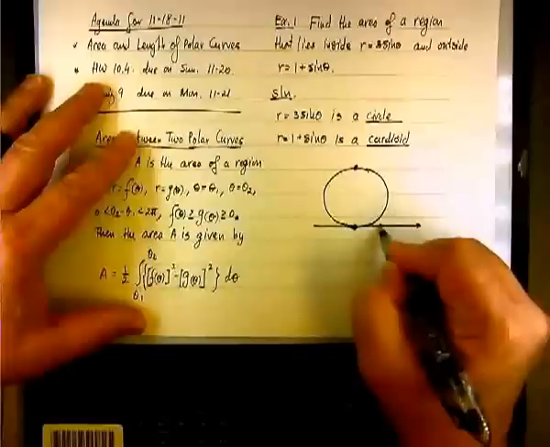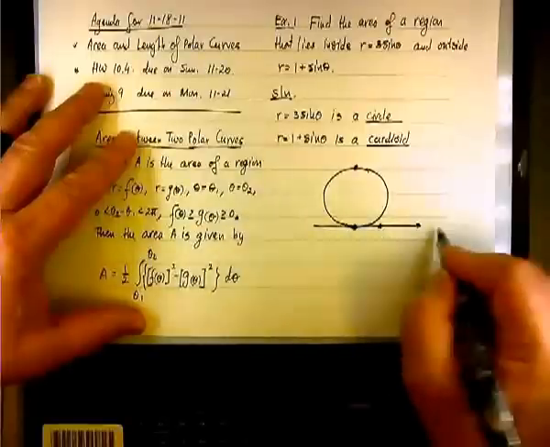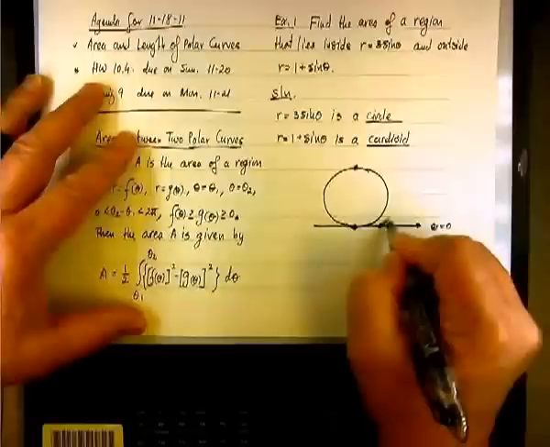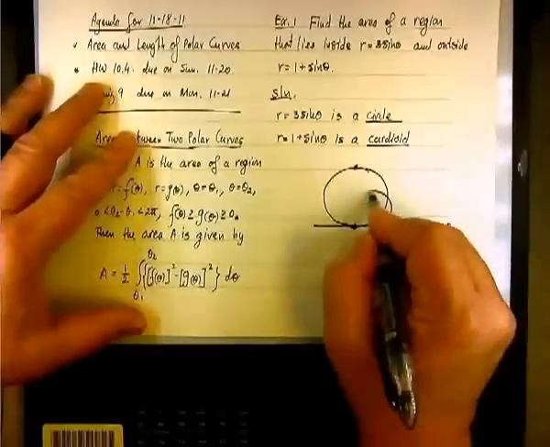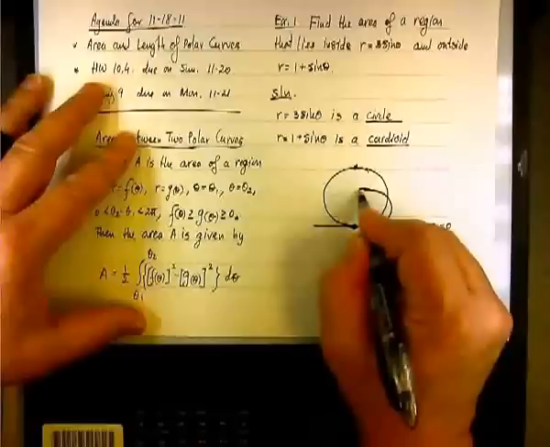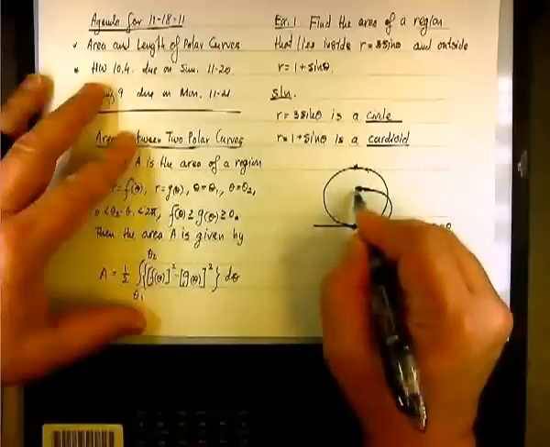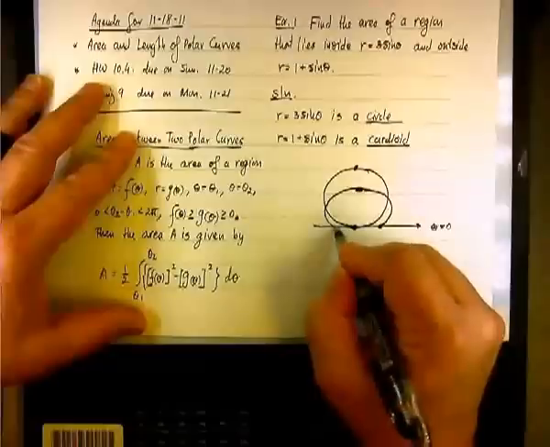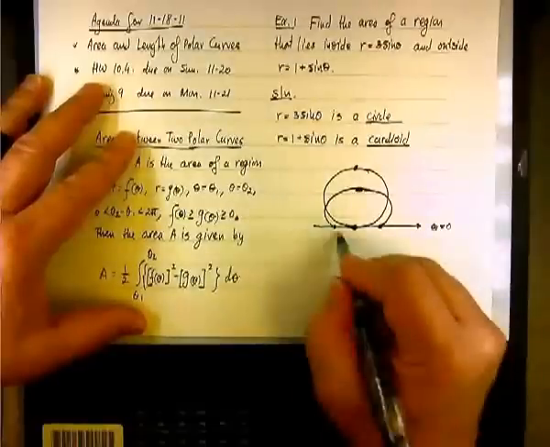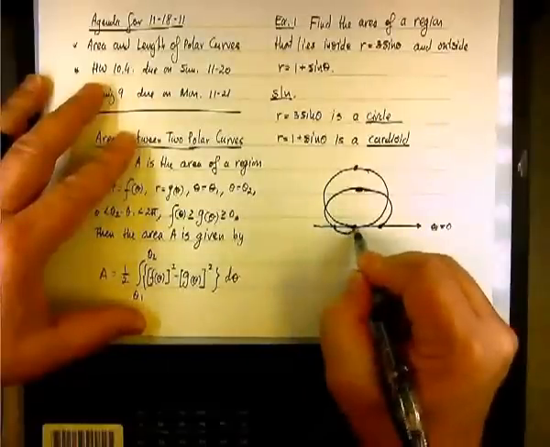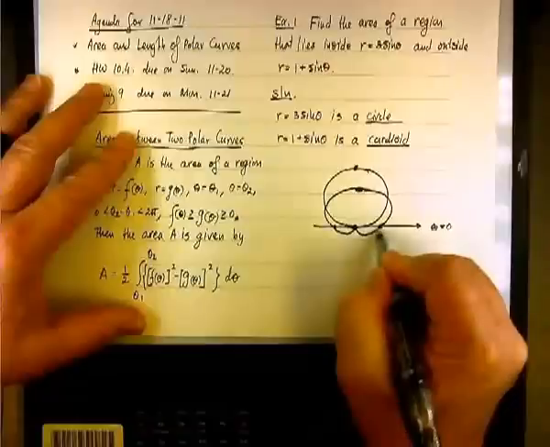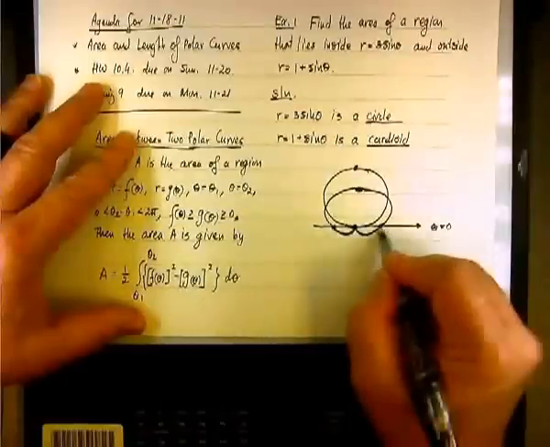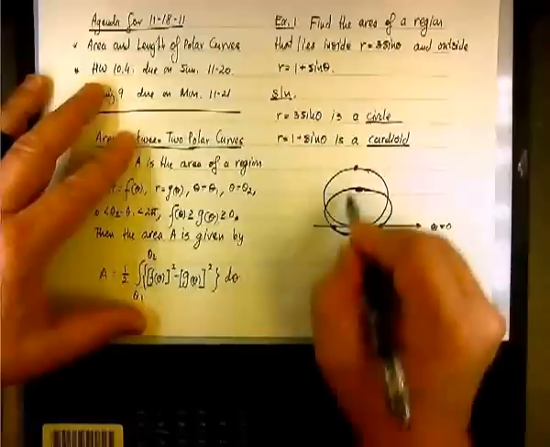For the cardioid, we start right here, theta equals 0, the polar axis. So we go like that. On top is where theta equals pi over 2. We come back. This is theta equals pi, and then we have this segment between pi, 3 pi over 2, and 2 pi.